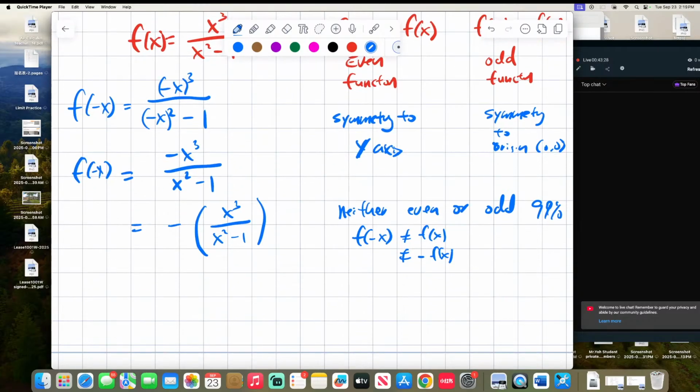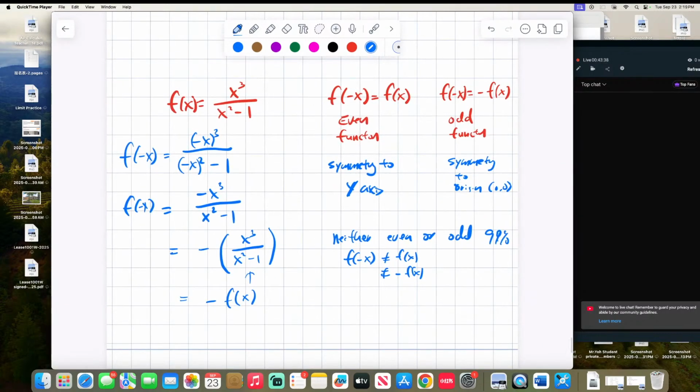And this becomes the original function, right? So would that be negative of f of x? So if this is true, is this even or odd? Odd. So this is an odd function. If you graph it, there's going to be a symmetry to the origin.